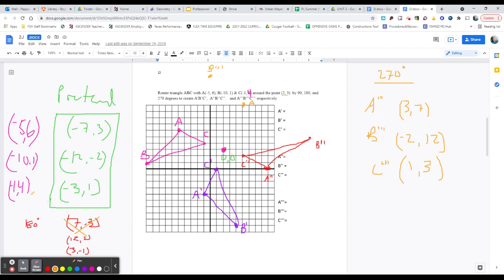And lastly, our C triple prime, 1, 3. So 1, 1, 2, 3. So here is our triangle rotated 270 degrees from here. Okay.